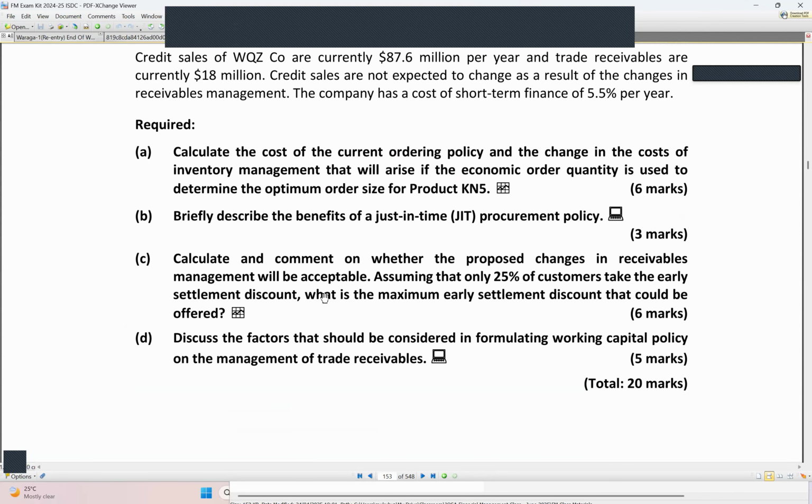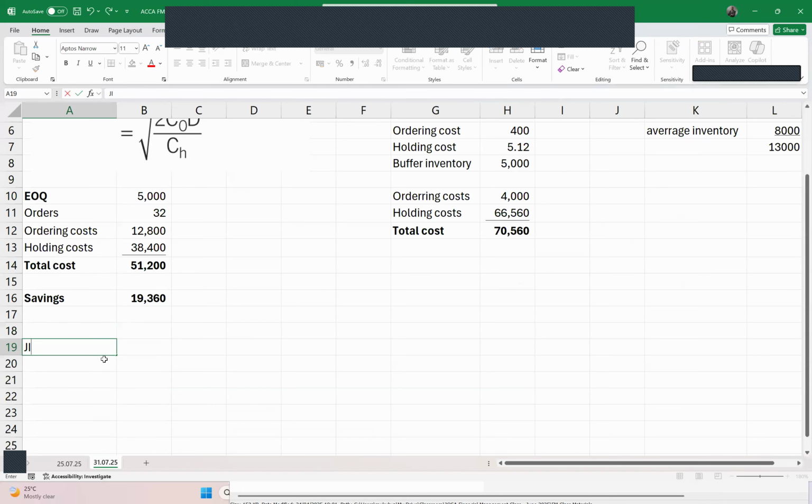Now, the second question is asking you to calculate the benefits of just-in-time procurement policy. Let's first understand what just-in-time is. Just-in-time means, as opposed to having a big warehouse where you keep all the inventory that you're going to sell, and also the inventory that you have bought that you are going to start working on, you'd prefer to have a situation whereby you have just enough inventory.